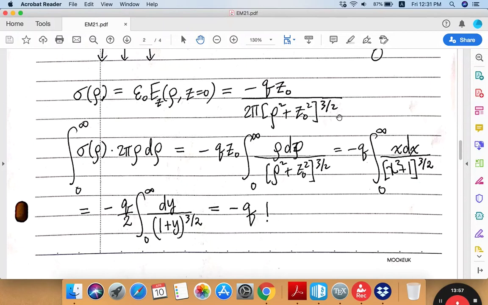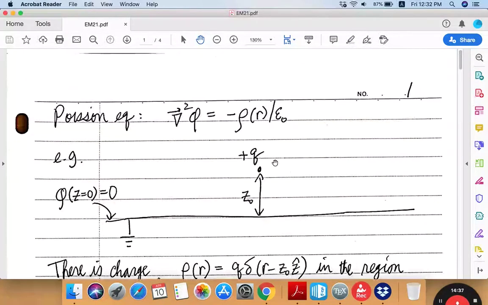Now, another very interesting fact is that if you integrate this induced charge density over the entire surface of the conductor, then by going through this series of calculations, you can show that the total amount of induced charge is exactly minus q. That is, the induced charge is exactly equal and opposite to the charge that you placed in order to induce the charges on the conducting plate. Okay.